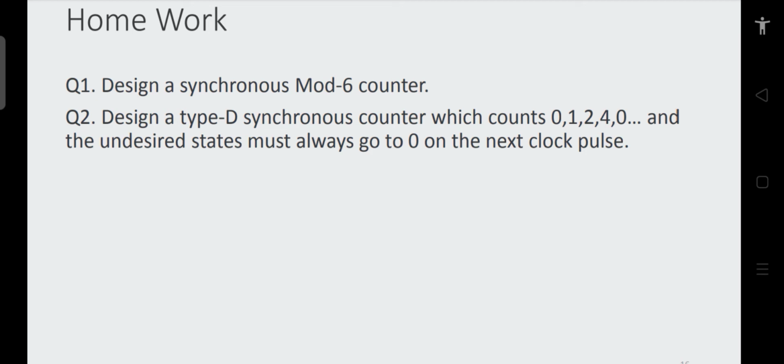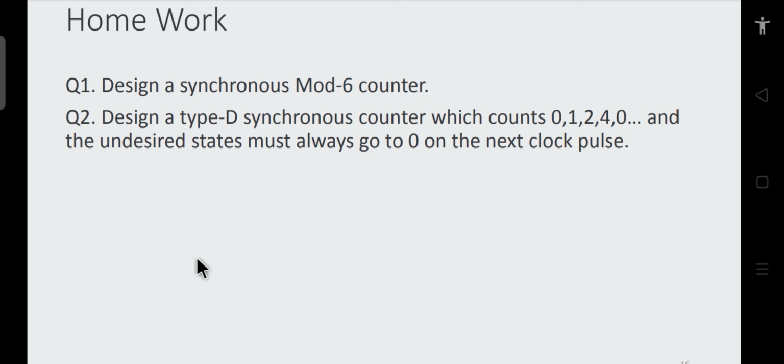Considering those unused states, decide the circuitry, because this is a synchronous counter, so it will not be the same as the asynchronous counter. Decide the combinational circuit required between the first and second flip-flop, and between the second and third flip-flop. Then complete the circuitry on your own, and you can discuss this in the tutorial class as well.